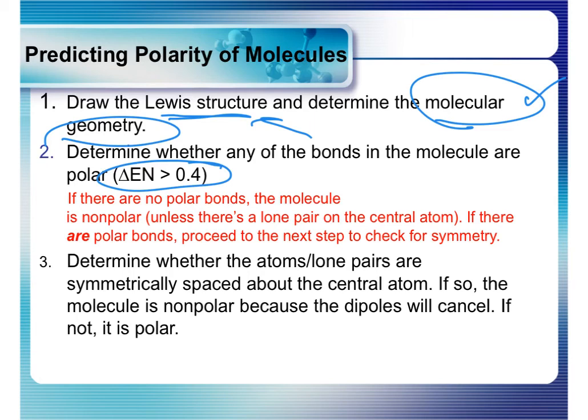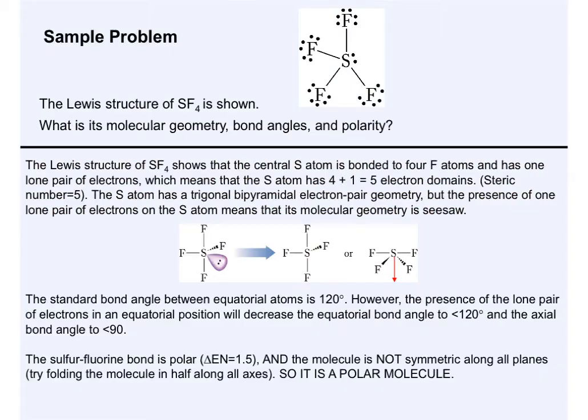So let me walk through one with you. Sulfur tetrafluoride, all right? I'm going to be kind of tedious here, but going through the Lewis structure, count valence electrons: 6 from sulfur, 7 from each of the 4 fluorines.